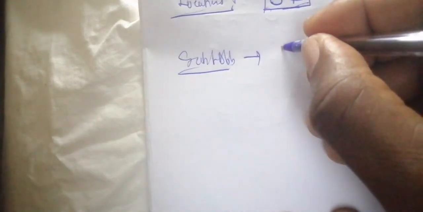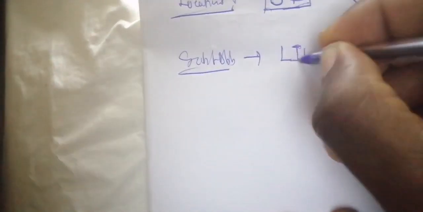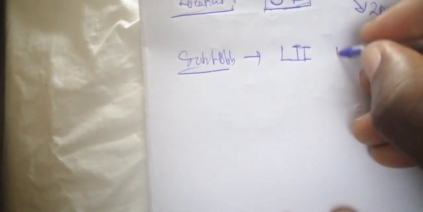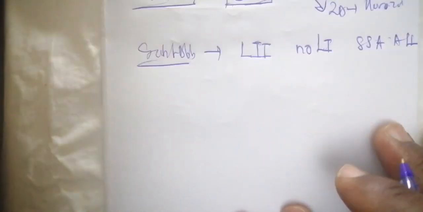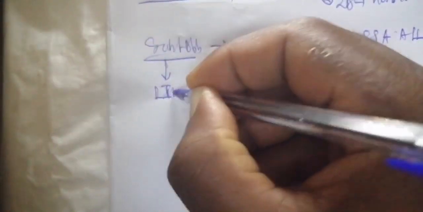The mnemonic is "Lilo Sal". Let me write it again. The mnemonic is Li, Lo, in bracket, and you bring the Sal.